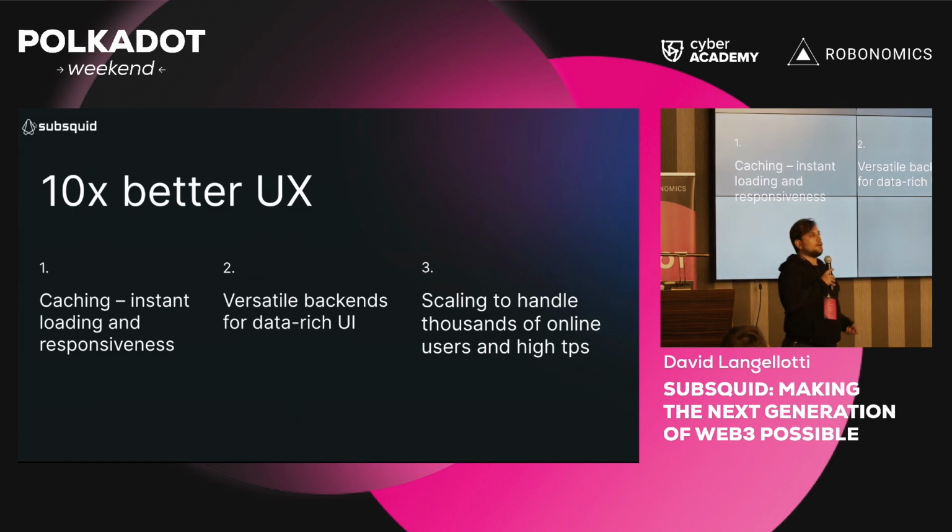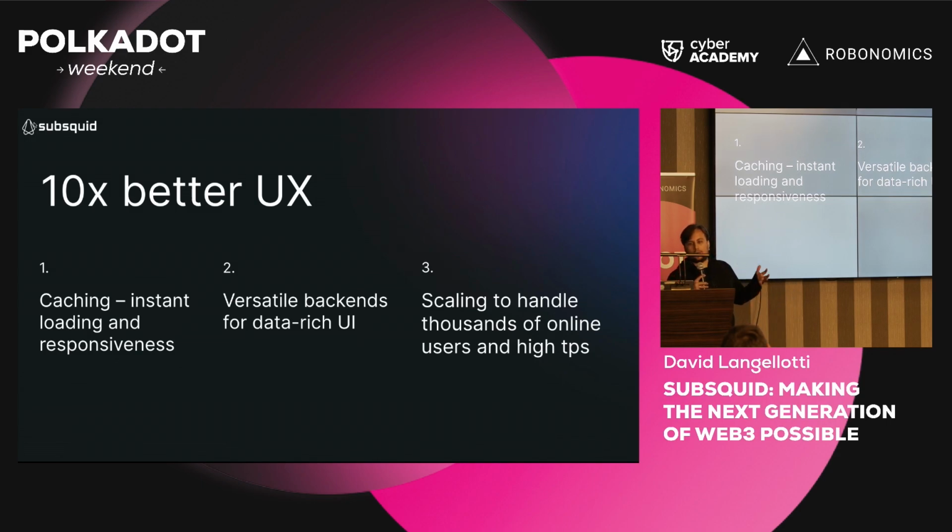We were just talking about all these use cases that don't work in the current Web3, like social media. You need things like instant caching. Gaming, you need instant caching, right? You need really fast loading and responsiveness. You need versatile backends for data-rich UI. And you need scaling to handle thousands of online users at a time.